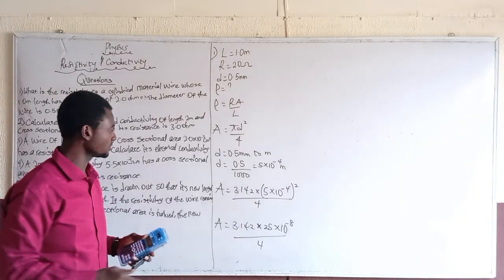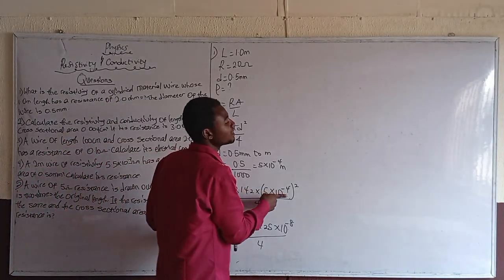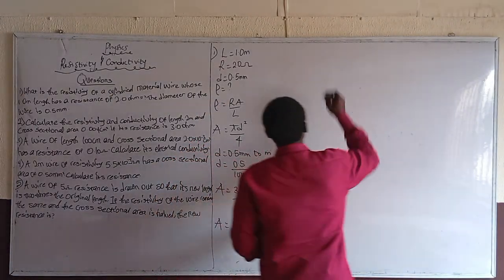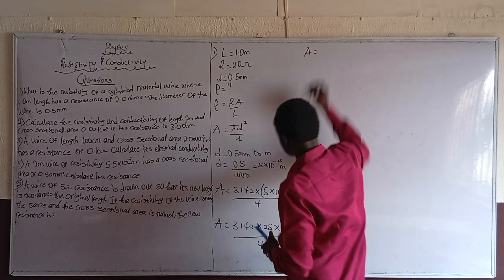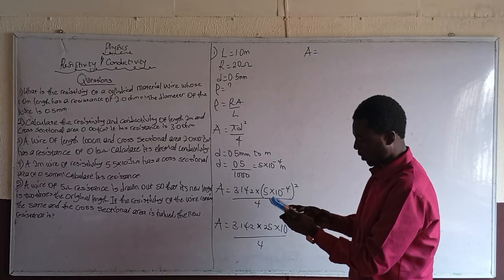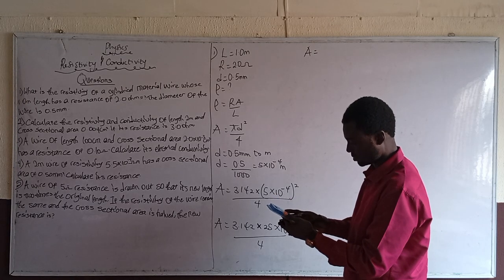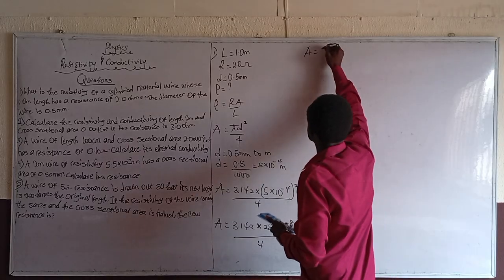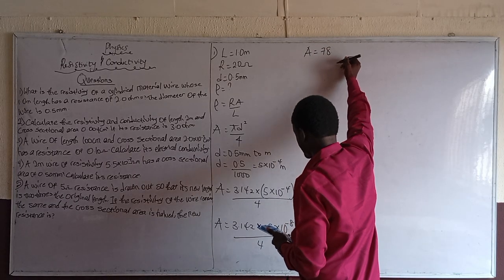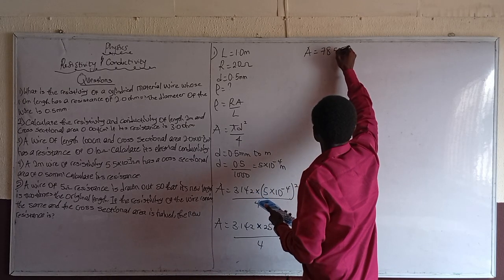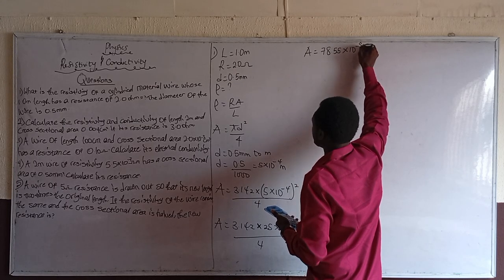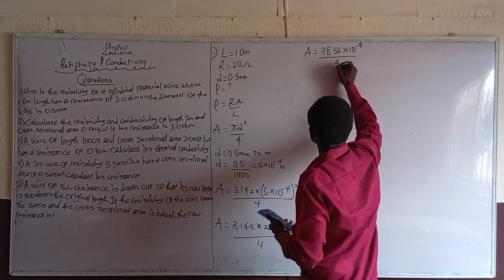According to indices, the power inside multiplies the power outside. So my area becomes 3.142 multiplied by 25. That will be 78.55 times 10 raised to power minus 8 divided by 4.